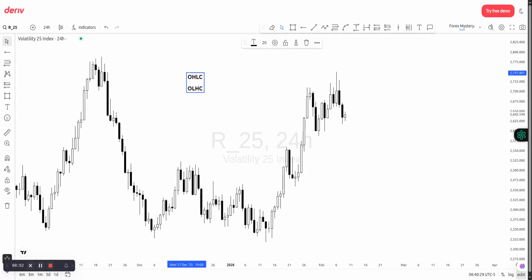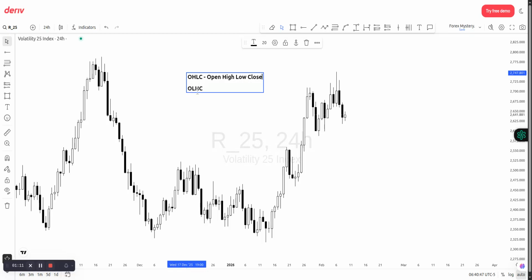In all these trading models, what we need to be focusing on is open, high, low, close.